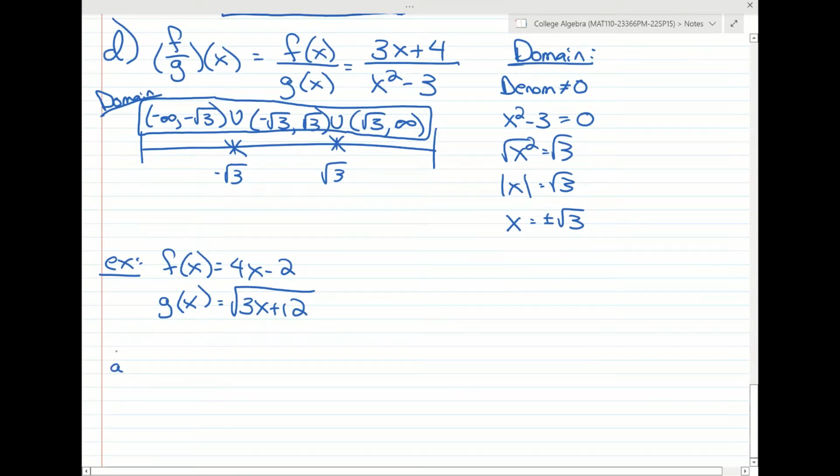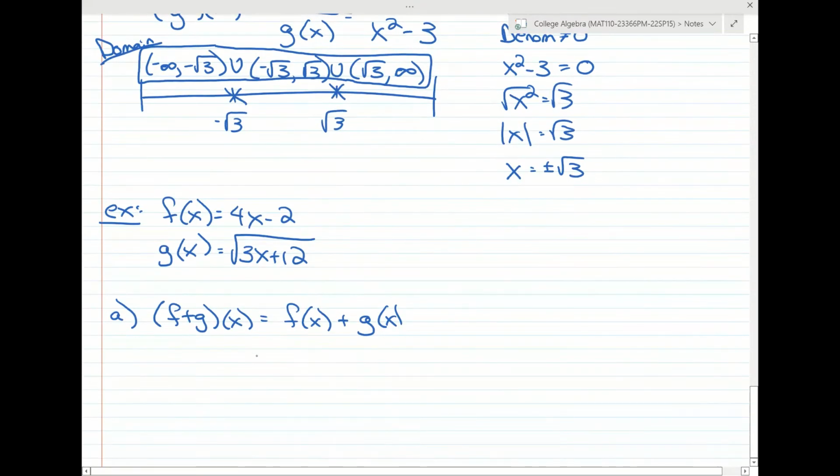So for the first function, we're going to be finding f plus g of x, or f of x plus g of x. 4x minus 2 plus the square root of 3x plus 12. There's nothing we could really reduce here. That would just be the answer.